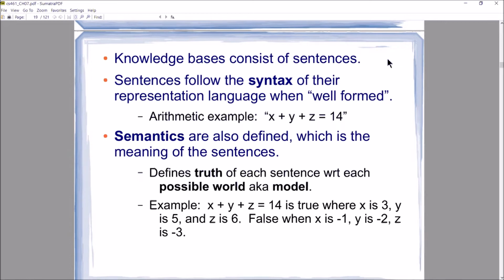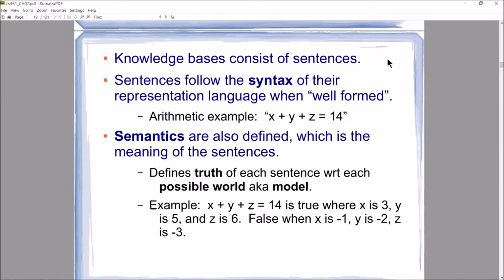Here's an example going back to arithmetic. x plus y plus z equals 14 is true if x is assigned 3, y is assigned 5, and z is assigned 6, right? That sentence is true based off of the semantics of what it means to say x plus y plus z equals 14. That is 14.